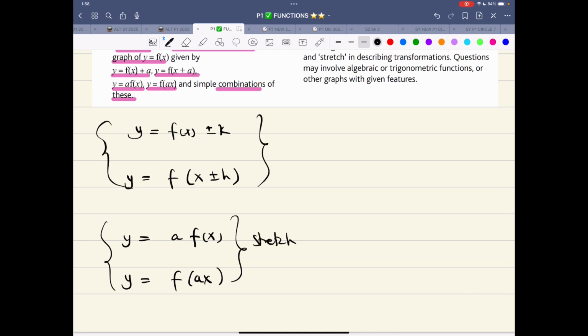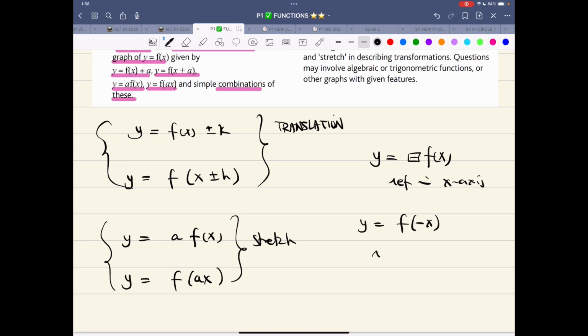These two are translation, vertical and horizontal. And I should also write y is equals to negative f of x. That is reflection in x-axis. And y is equals to f of negative x. This is reflection in y-axis. So these two were missed out by the examiner.